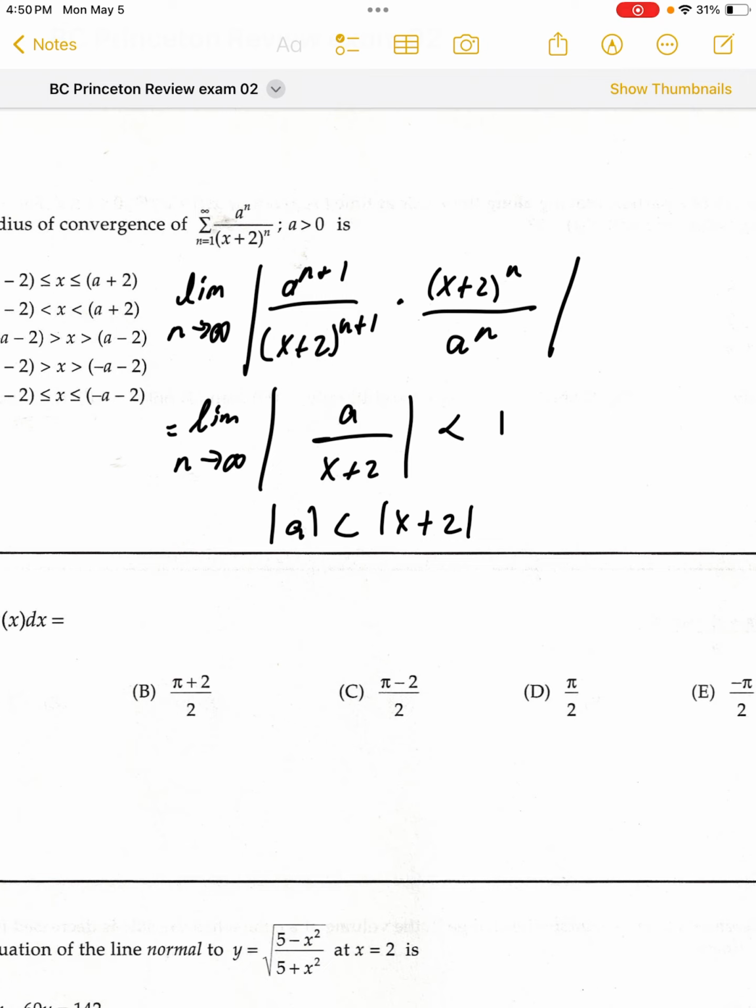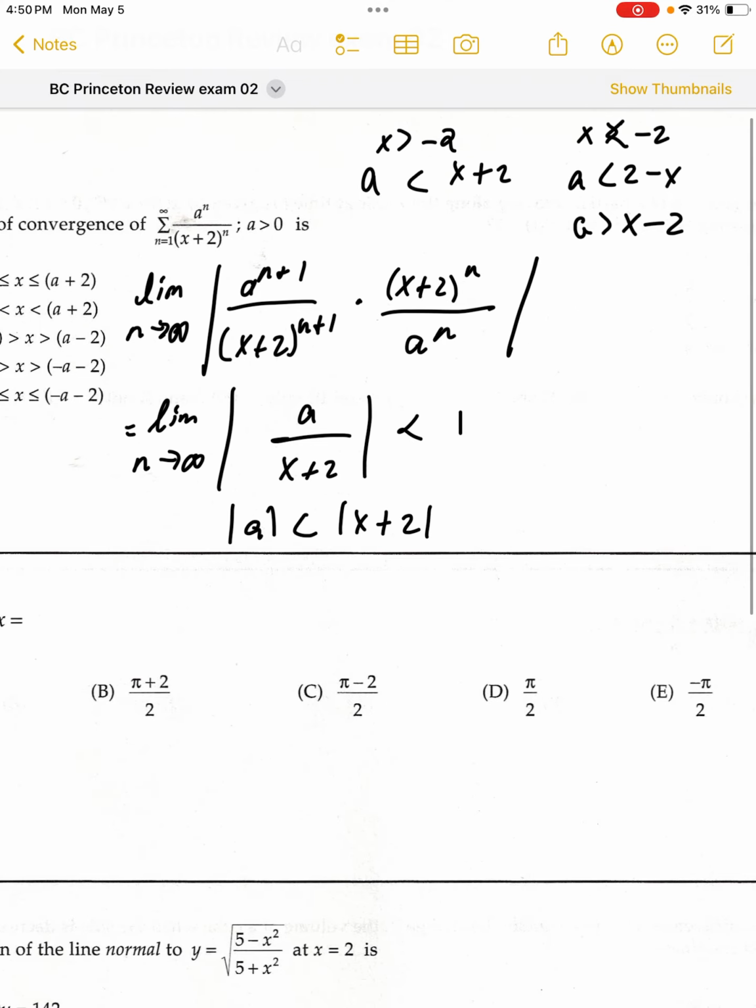So let's take two cases. Let's say x is greater than negative 2. In that case, we have a is less than x plus 2, right? And that's what it means. And in case x is less than negative 2, then we have a is less than negative 2 minus x, which means a is greater than x minus 2, right?